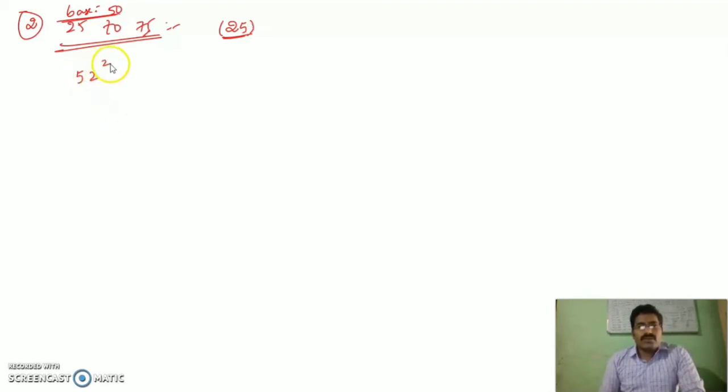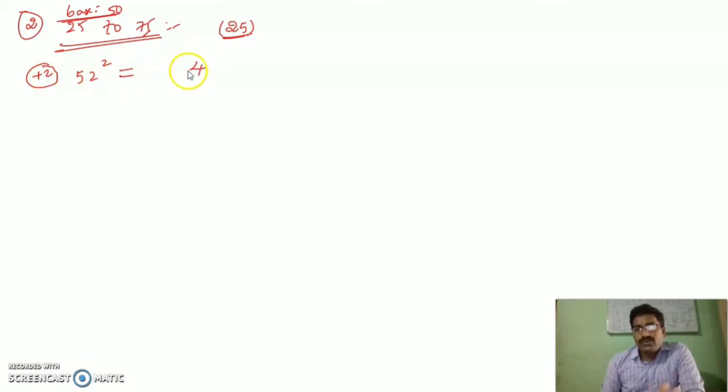First one, 52 square. 52 square how much? How can we find? First point is, 52 is how much more than 50? 2. So square that number. 2 square value 4.